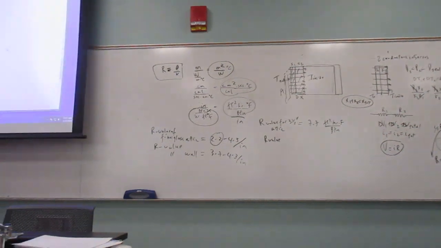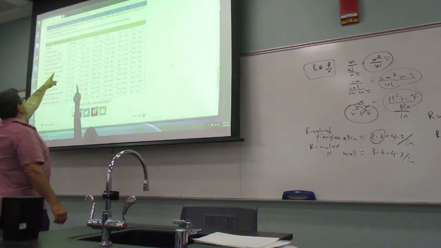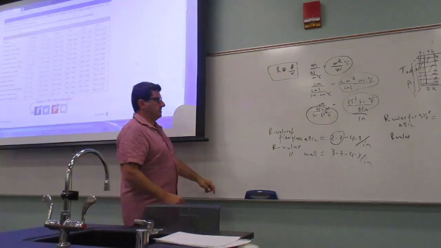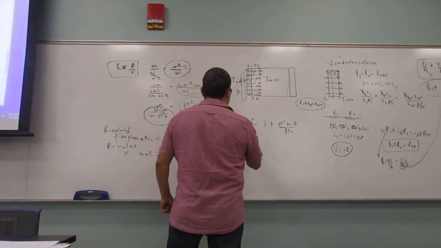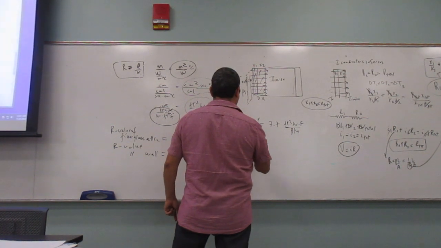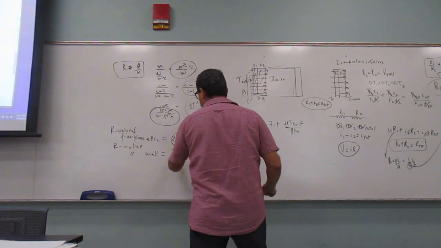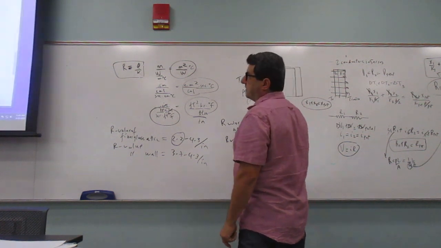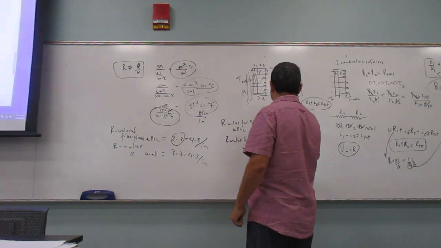Yeah, you see 7.7. Then the other one is 3.7 to 4.3, so 3.7 for 3.5 inch wall. Then you take 3.7 multiplied by 3.5, then you get 12.9.